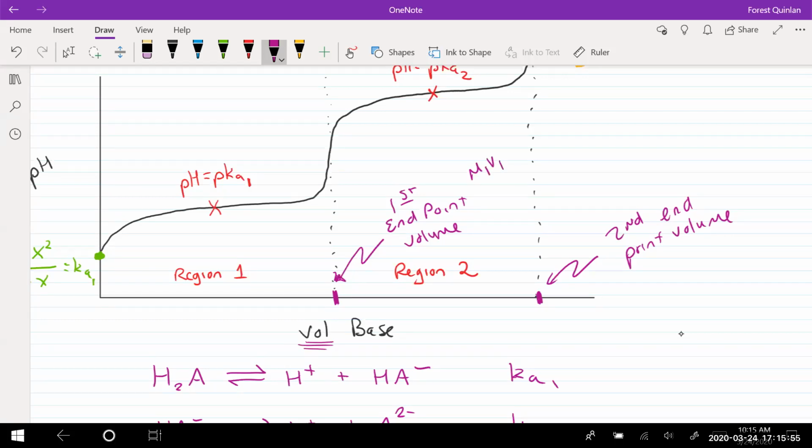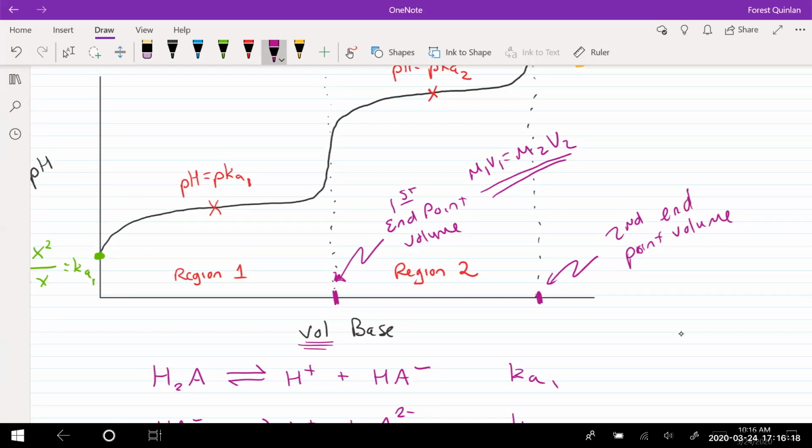Yep, M1V1 equals M2V2. Now, how do we get the second endpoint volume then? Can it also be M1V1? Sort of. It is, but you don't have to be that clever. Or I should say you can be cleverer.